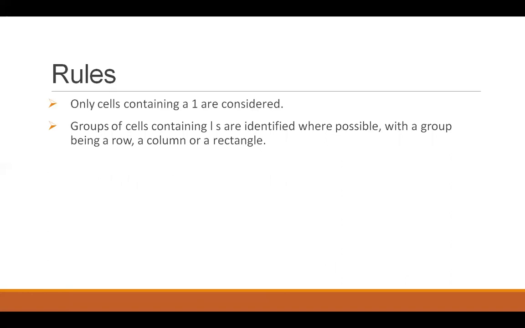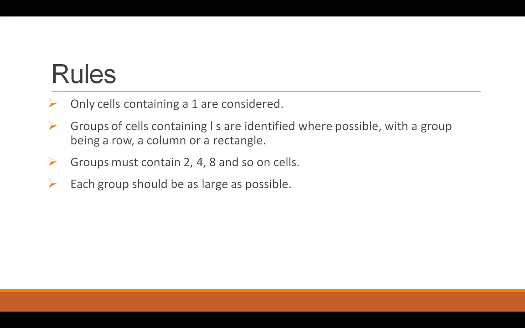Then all the cells that contain ones are identified and grouped in the shape of columns, rows or rectangles. The groups are always in even numbers. It means if you have 3 consecutive ones, you're going to group them in groups of 2 or 4 or 8, not in odd numbers.